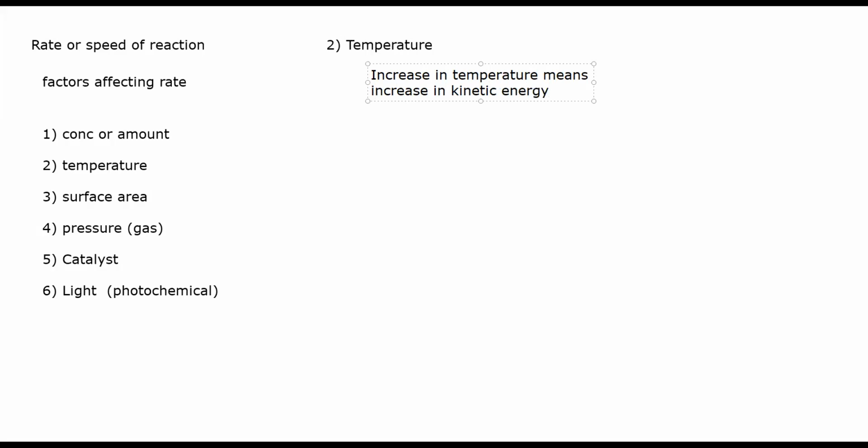And when the kinetic energy increases, it means the speed of the particles increases.